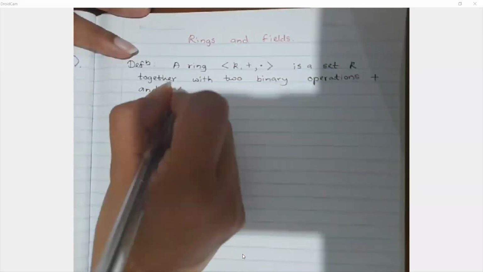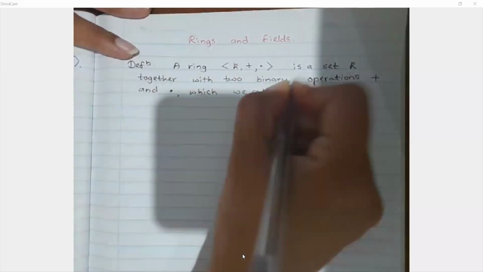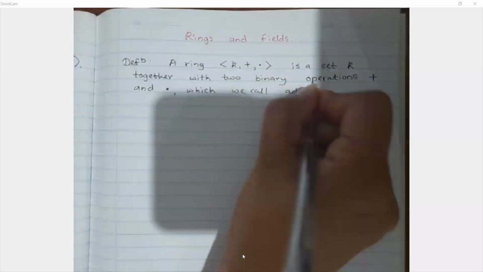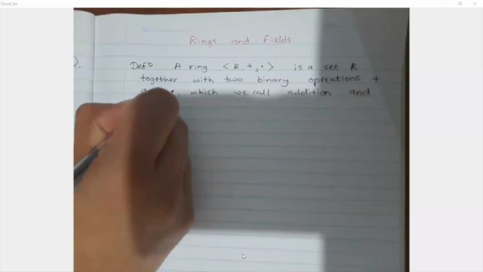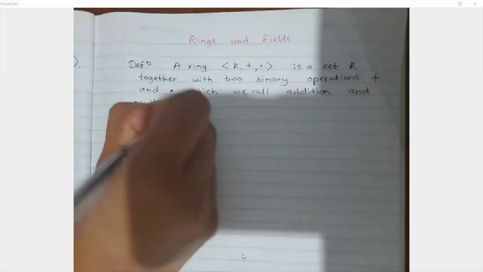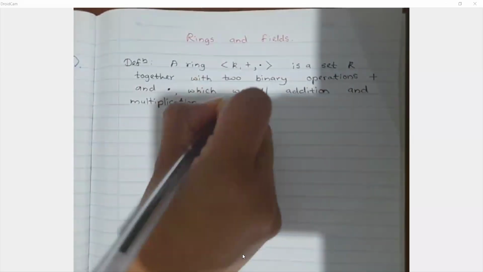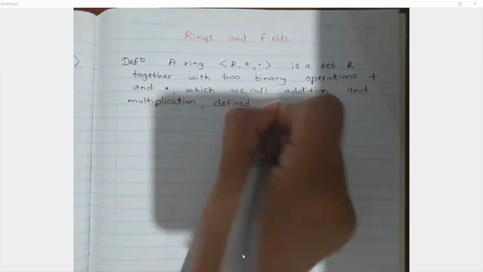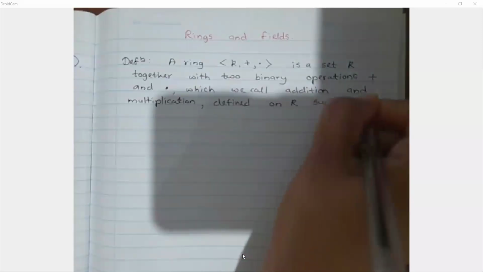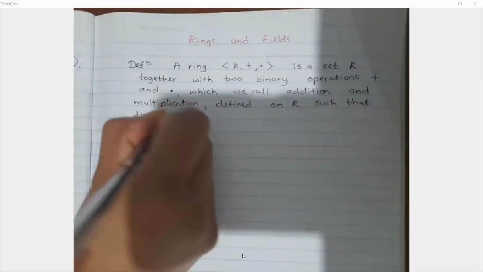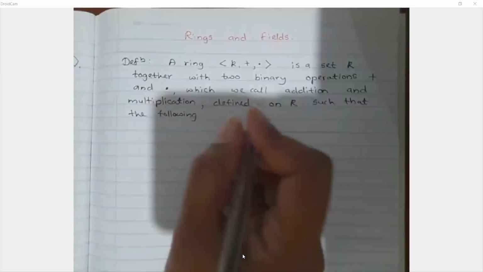Let me write it, which we call addition and multiplication, defined on R such that the following axioms are satisfied.